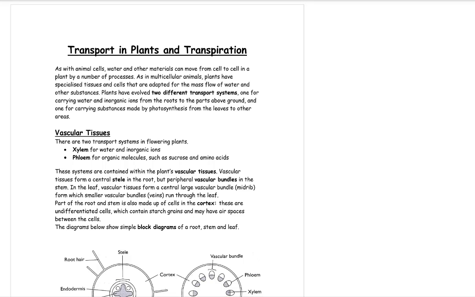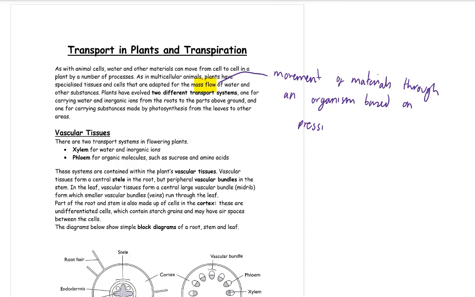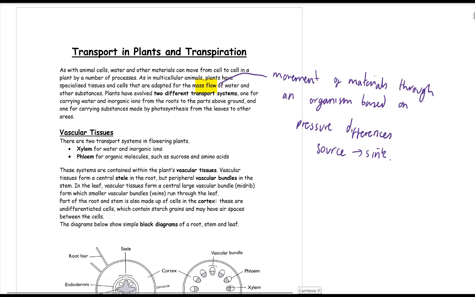Now you'll remember that mass flow was basically the movement of materials through an organism based on pressure differences, and it usually involved the movement from source to sink. So plants can move large amounts of substances through the organism using their specialised tissues.